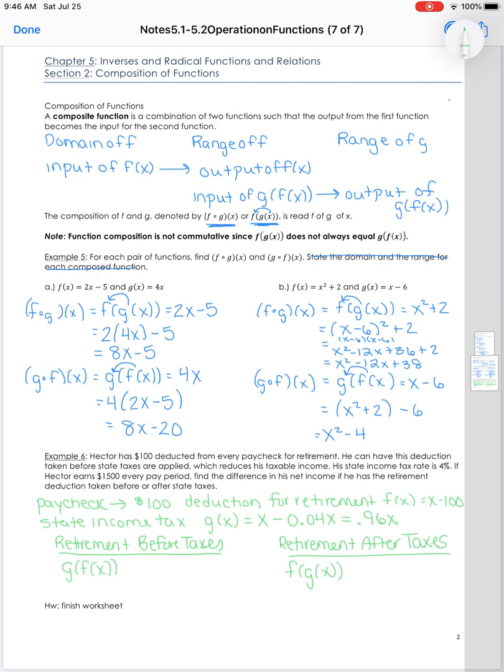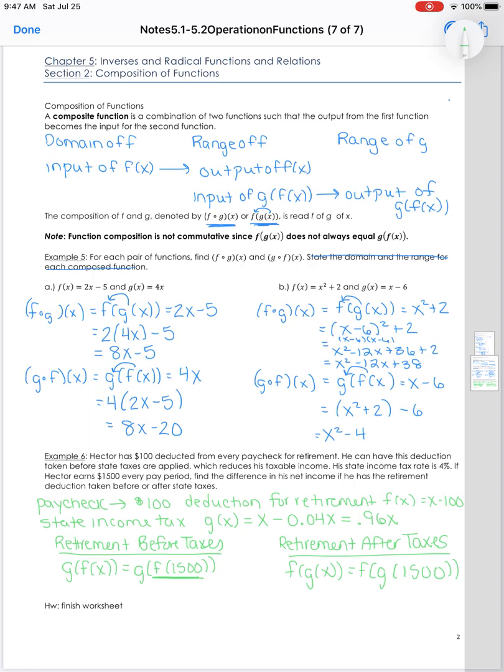So if we're going to do retirement before taxes, if the state income is g of x and the deduction for retirement is f of x, then for retirement before taxes, that would be our g of f of x. For retirement after taxes, that would be the flip of that, which would be f of g of x.